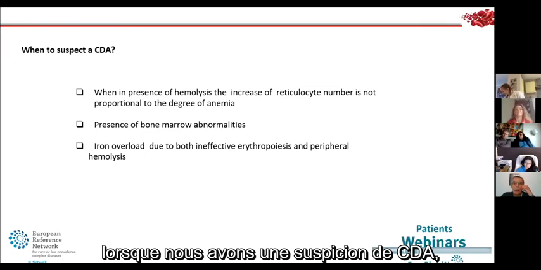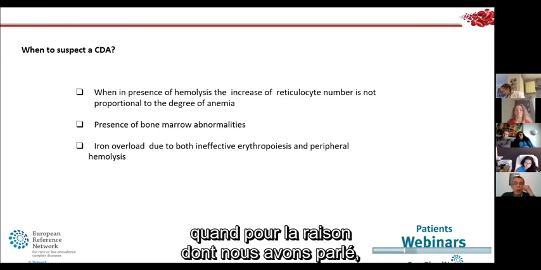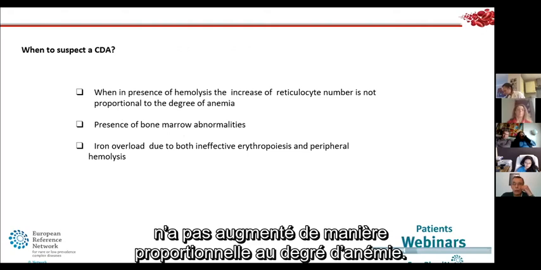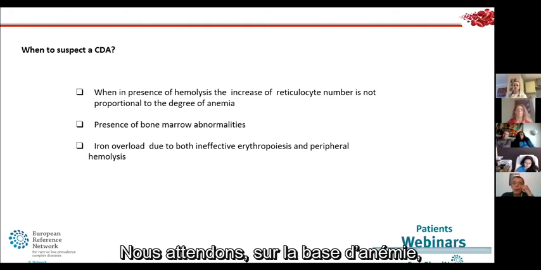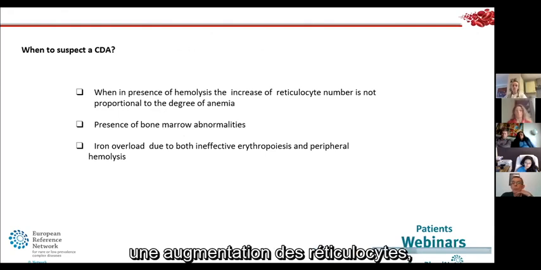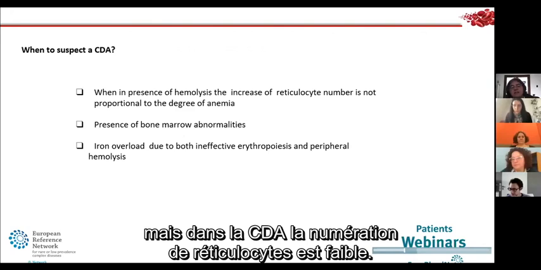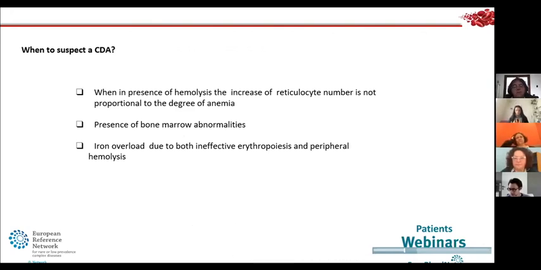When we have a suspicion of CDA, the number of reticulocytes is not increased in proportion to the degree of anemia. So we expect that based on the anemia we have an increase of the reticulocyte number, but in the case of CDA the reticulocytes are low.